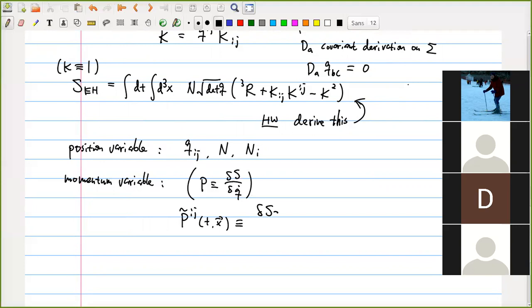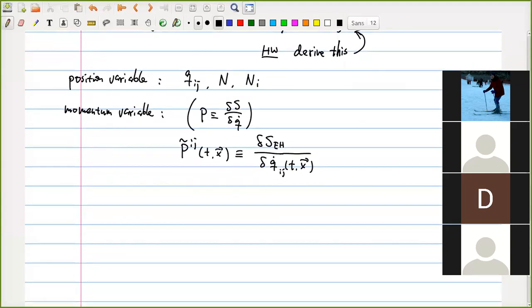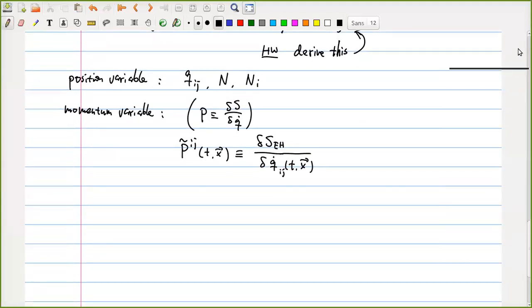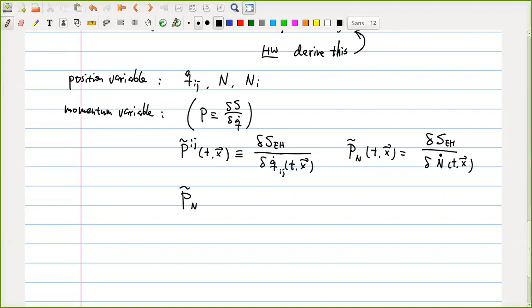So this is delta S Einstein-Hilbert divided by delta Qij dot of T, X. Similarly, you can define Pn twiddle of T, X equals delta S Einstein-Hilbert over delta n dot of T, X. And similarly, P twiddle n vector, with an index i.